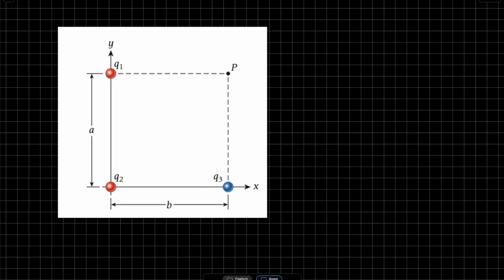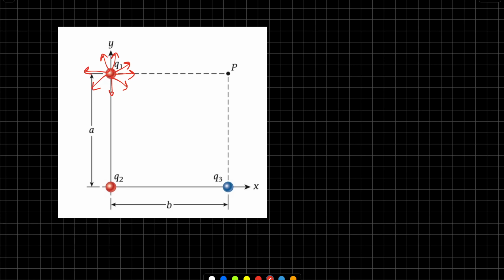Okay, Q1 is a positive charge. So the electric field produced by Q1 will be like this, right? So what will be the direction of the electric field at point P?